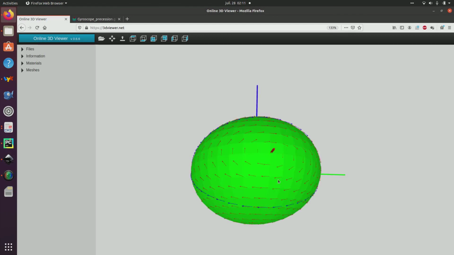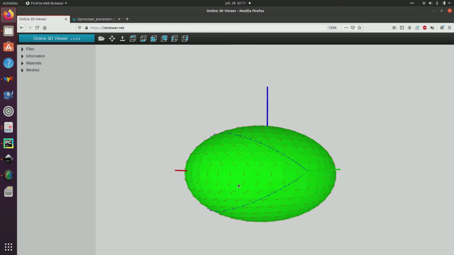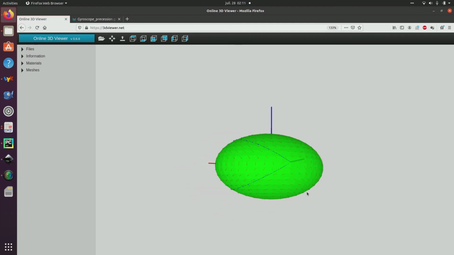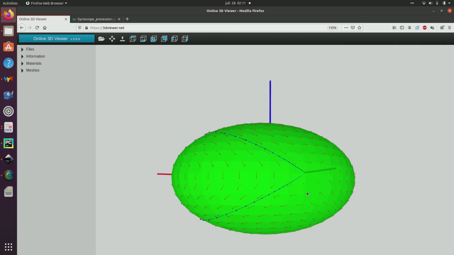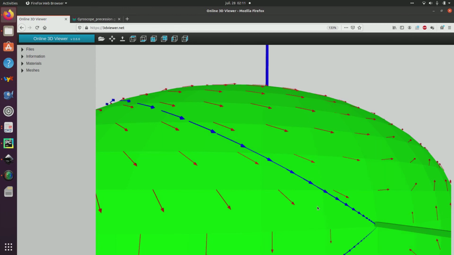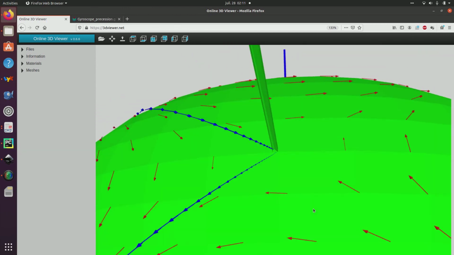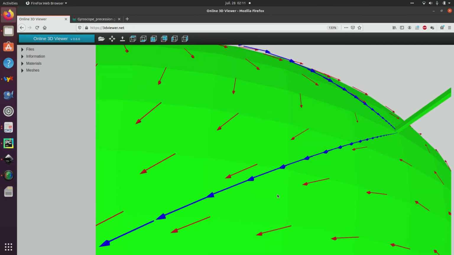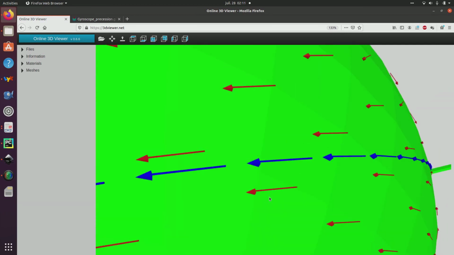I see here the trajectory. So I start from here. The Runge-Kutta method is quite accurate and follows here.